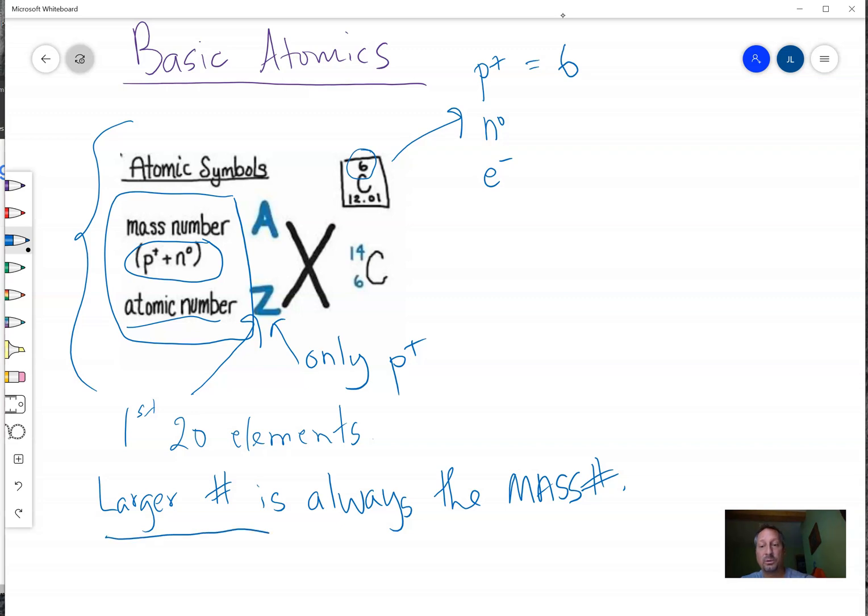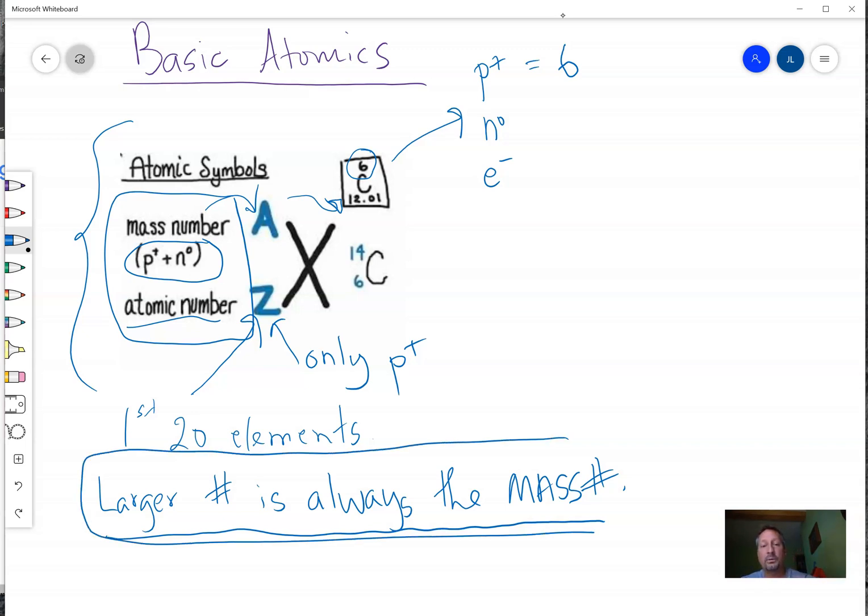Remember, I just told you, the larger is always the mass number. See how the mass number here was on top, but here the larger number is below? This is what confuses kids. Those numbers will move around, but as long as you remember the larger number is always the mass number, you're going to be fine. Now, by simple deduction, 12 minus 6 equals 6.